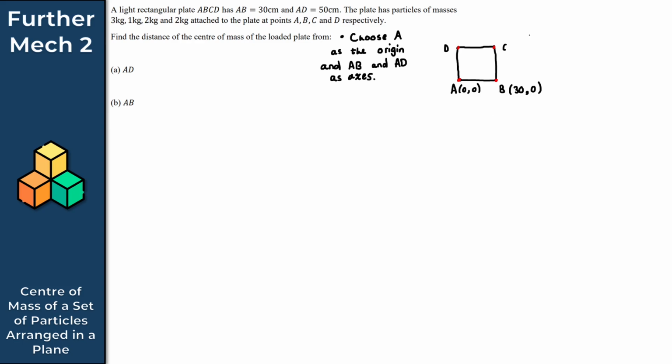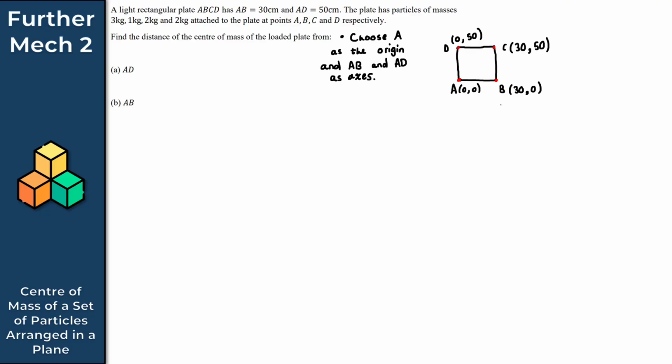What about C? For C, we have 30 centimeters along, and then the y coordinate will be 50, so that's 30, 50. And finally for D, that would just be 0, 50.